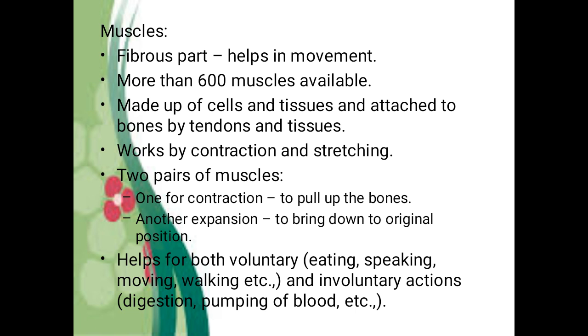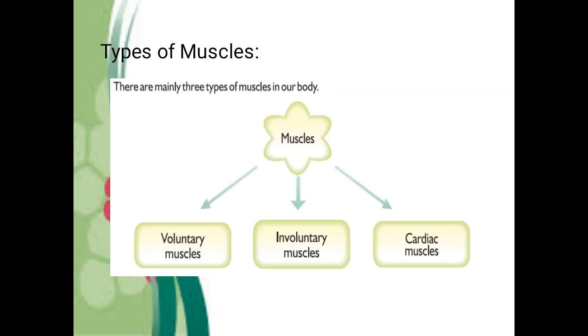Next, muscles. What are muscles? They are fibrous parts. More than 600 muscles are present. Two pairs of muscles are available, one for contraction and another for relaxation. These muscles can work for both voluntary and involuntary actions.